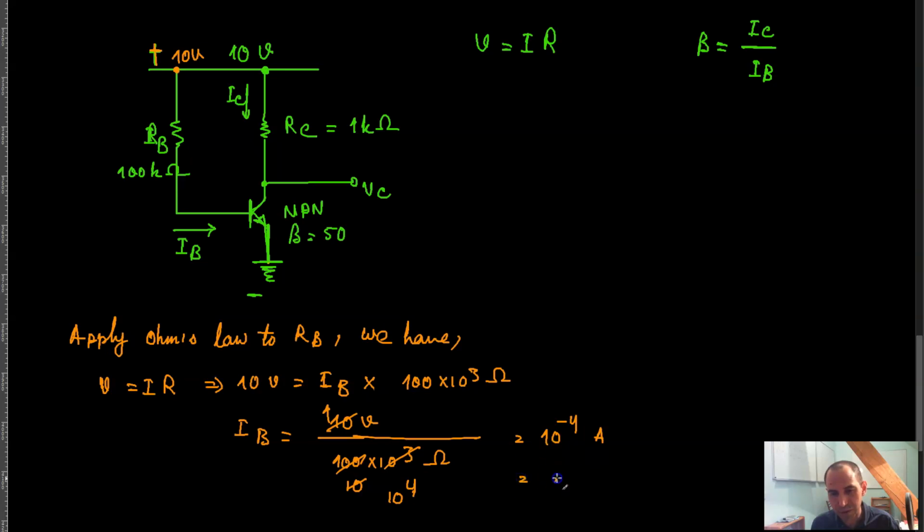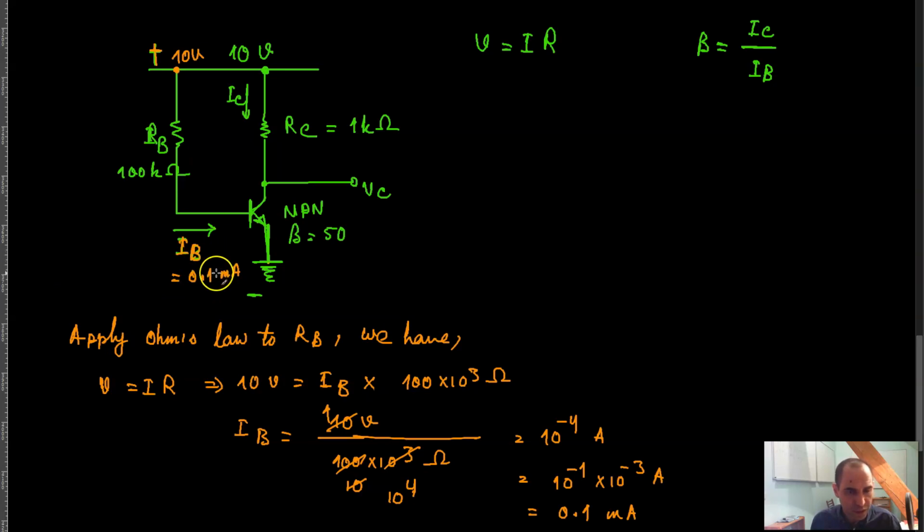So I of B is equal to 0.1 milliamp, right? Which is the same thing as 100 microamps, which is not important really right now.